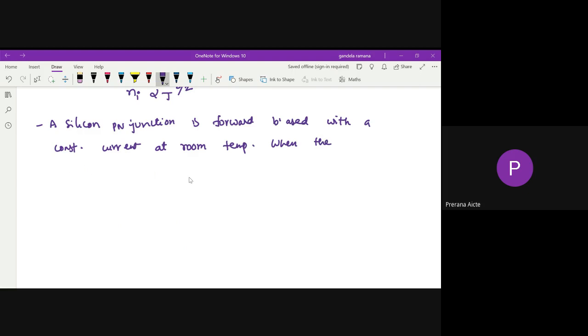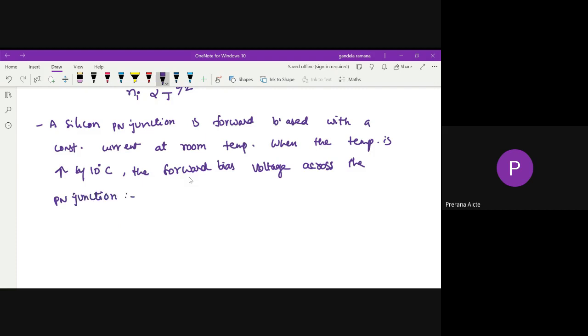When the temperature is increased by 10 degrees centigrade, the forward bias voltage across the PN junction.